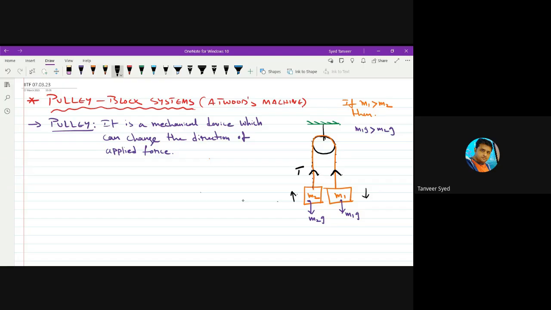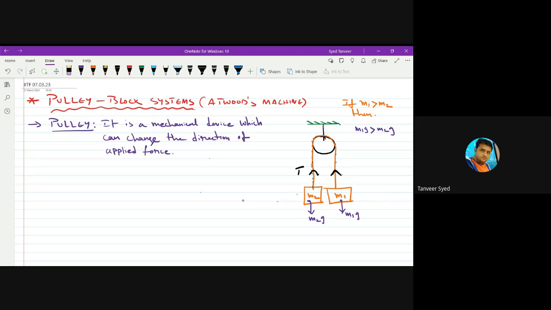If M1 moves down with an acceleration of 1 meter per second squared, M2 should move up with the same acceleration, 1 meter per second squared, because the string does not stretch. Acceleration should be the same but opposite in direction. So the accelerations of the two blocks will be the same.